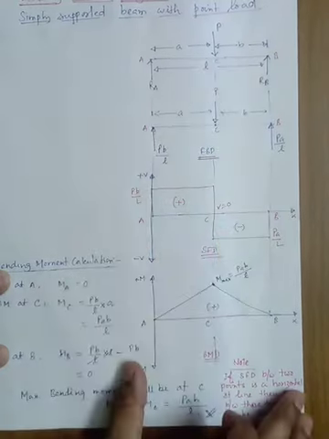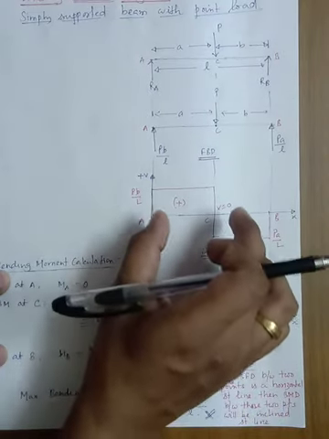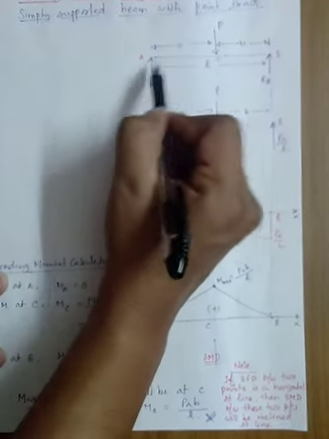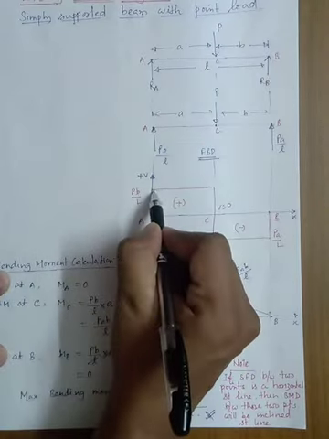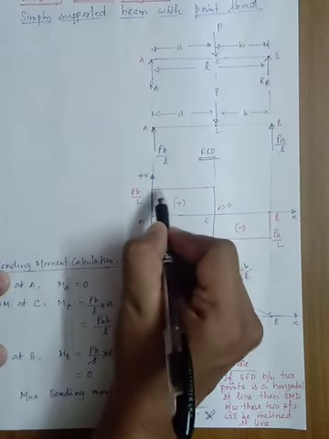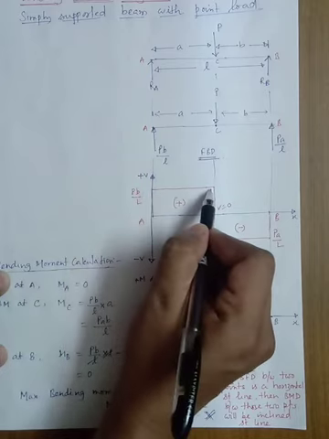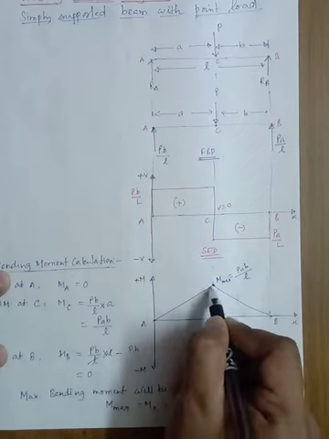Don't go for the UDLs, this concept is applied for point loads. So here point loads are there in between point A and point C, the 2 point loads are there, and for these 2 point loads this is the horizontal straight line. So for a horizontal straight line in the SFD, in the BMD there will be one inclined straight line.